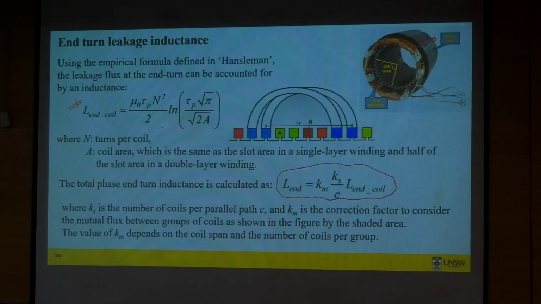Usually concentrated winding has less end turn because it's shorter. This length is actually shorter in concentrated winding, so end turn inductance is usually much smaller in concentrated winding.